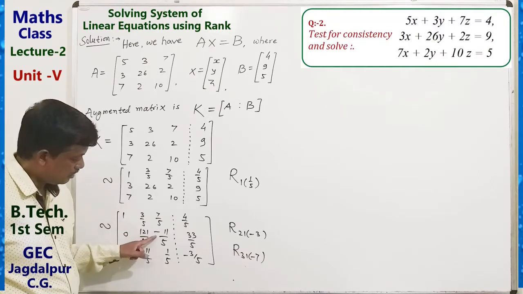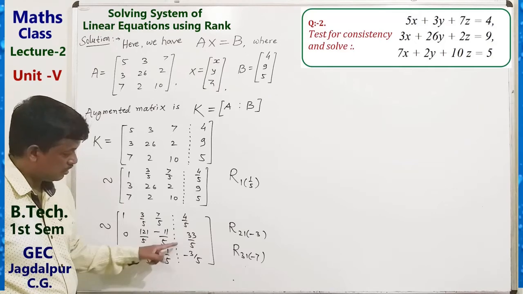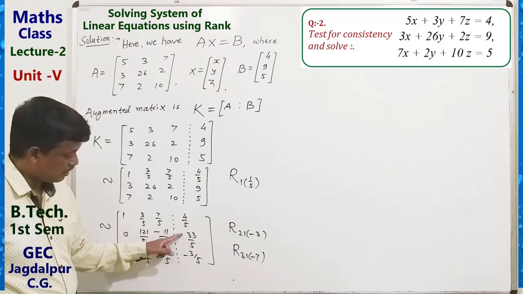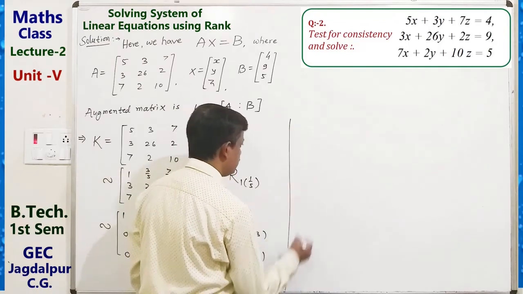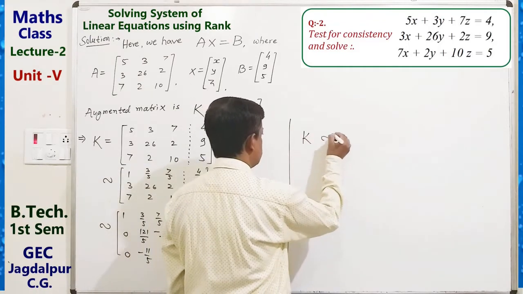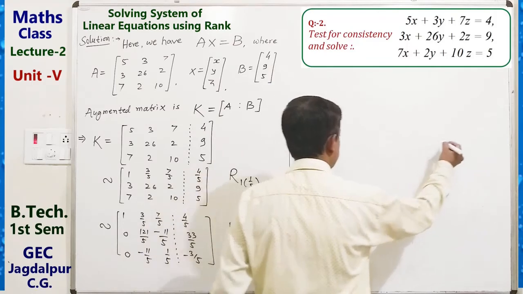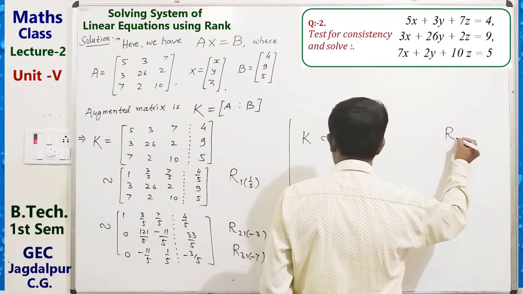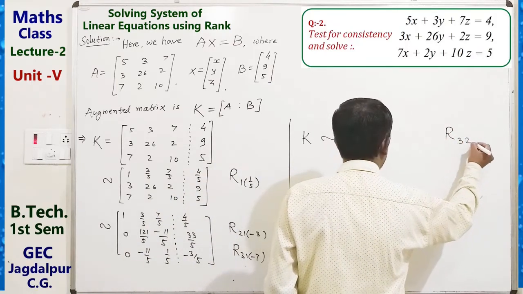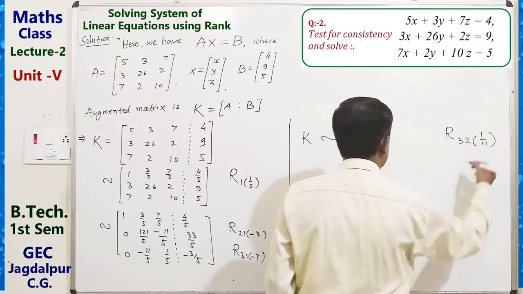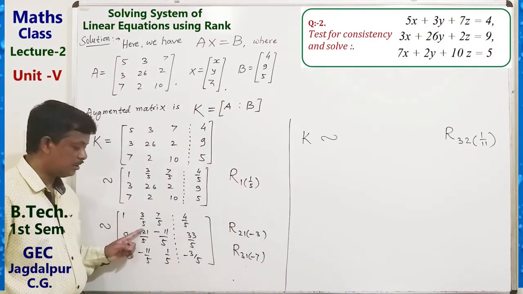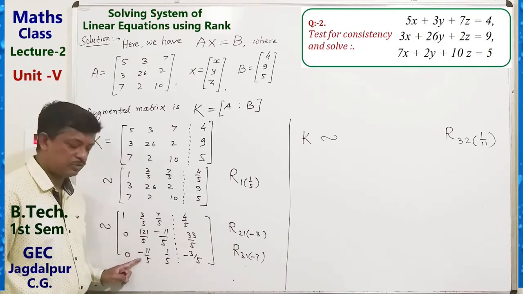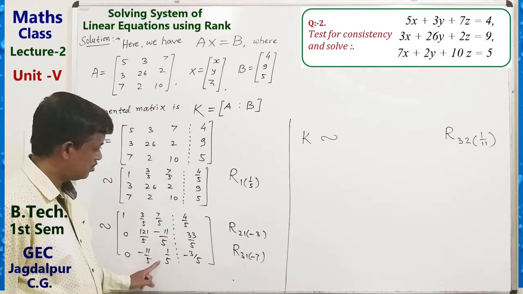So after this, K is equivalent to, by operation R3 plus 1 by 11 times R2. The second row is multiplied by 1 by 11, so 11 by 5 added to here gives 0, 0, 0.